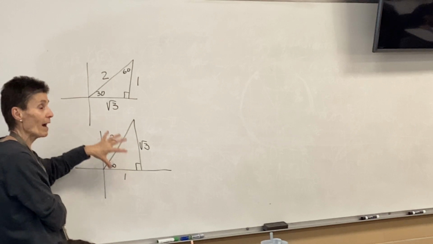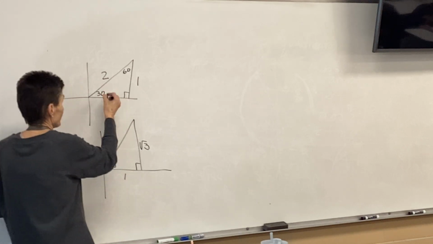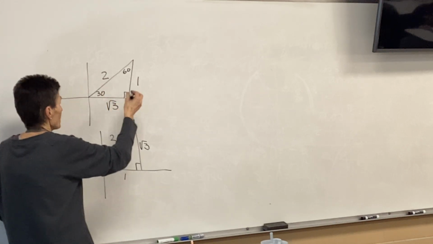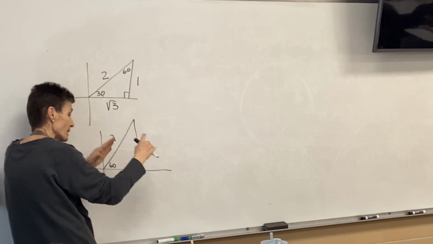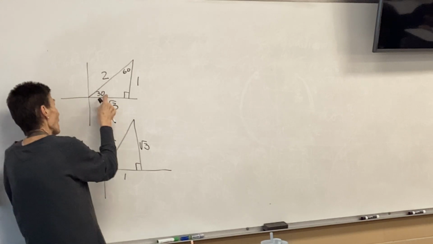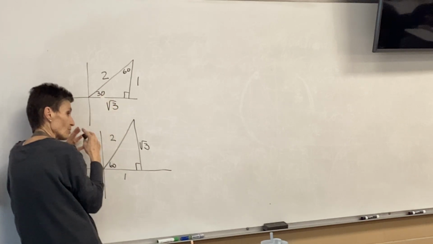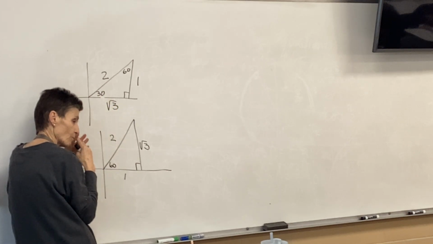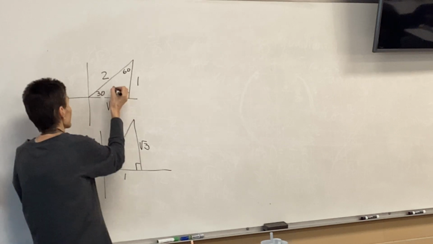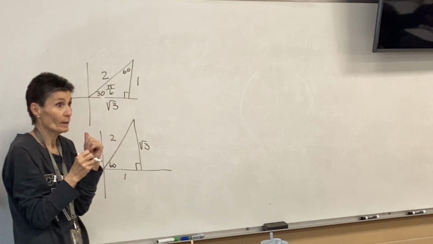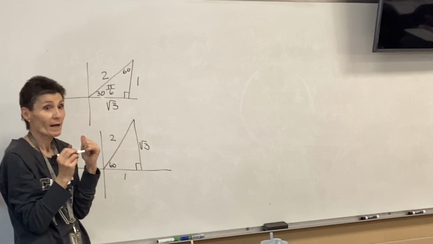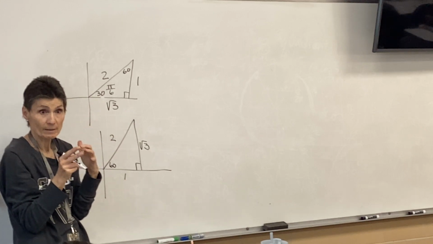Okay? Now, how does that help me? Well, let's look at this one. First of all, 30 degrees, that's the way I learned in geometry, but now I'm a big kid, so how many radians is that? 30 is what? Pi over 6. Remember, pi is 180, so pi over 6 is 30.